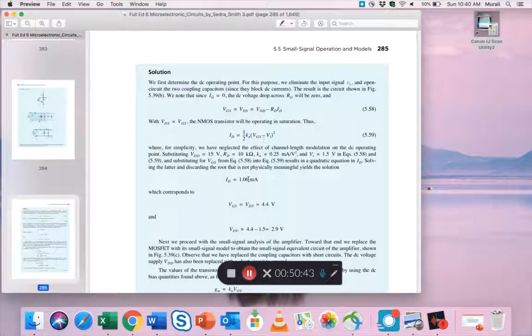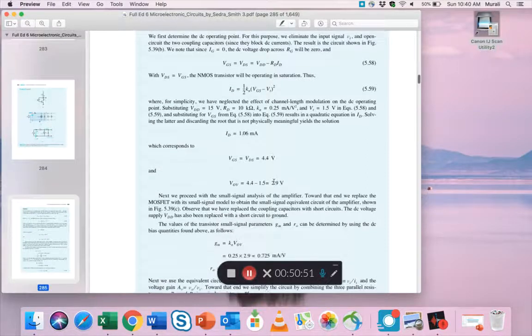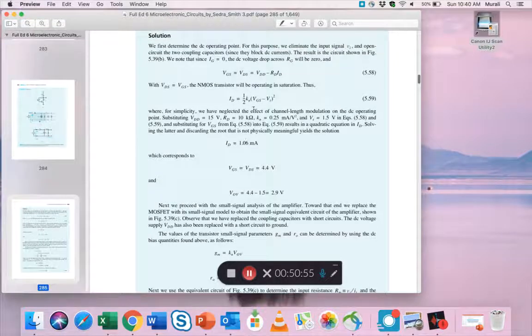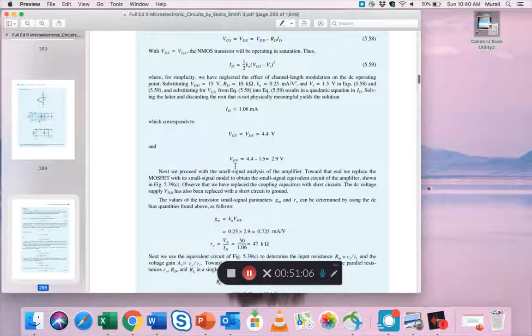But he says one of the two solutions will not be relevant when you solve for ID. So just take the other one. So he takes that, and that's 1.06. Once you have this, you can plug that back into this formula and come up with VDS, which is also VGS, which is 4.4, and hence the overdrive voltage, VGS minus VT, which is 1.5 volts, and you get 2.9.